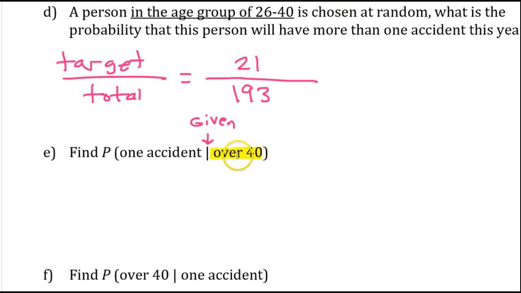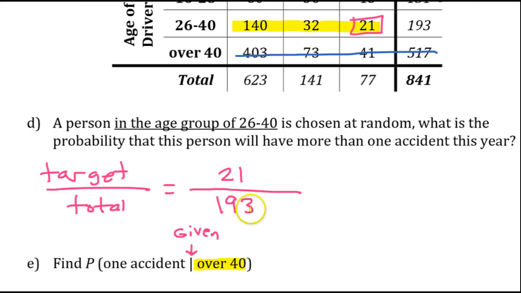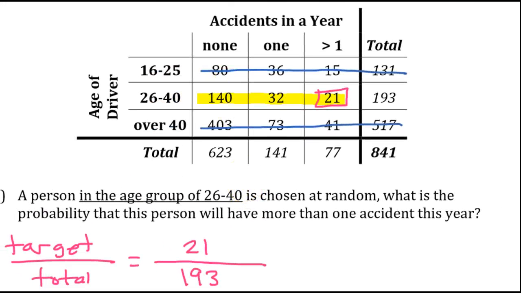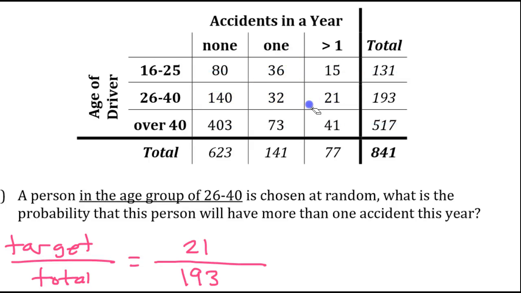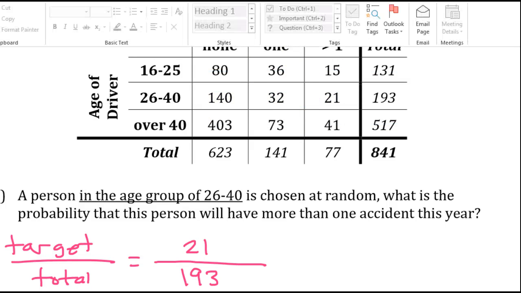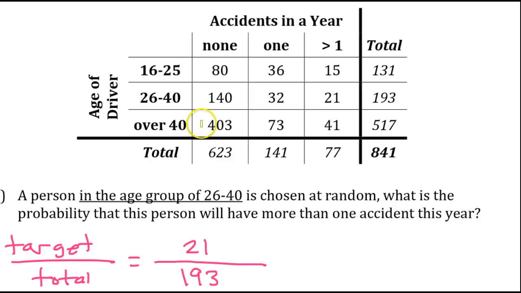So the given is that we are over 40, that we're talking about people over 40. We're given this group, and we need to cross out everything else, so we can forget about all of these guys.